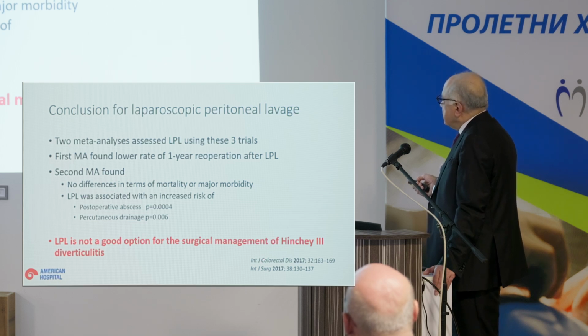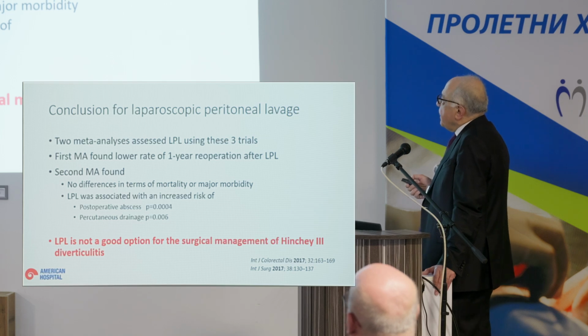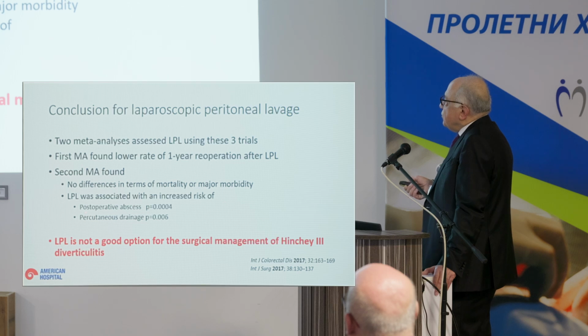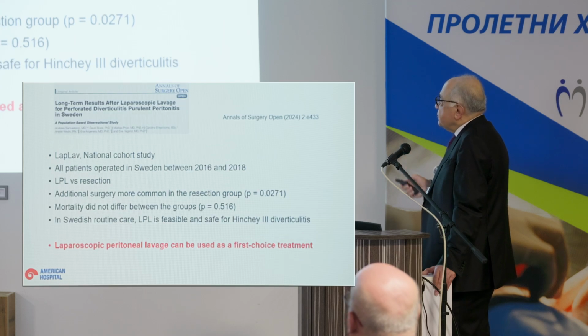This meta-analysis was published in 2017, and the other one is also 2017. Why could the surgical management of Hinchey 3 not be done by laparoscopic lavage? Because laparoscopic lavage was associated with an increased risk of postoperative abscesses and need for percutaneous drainage.